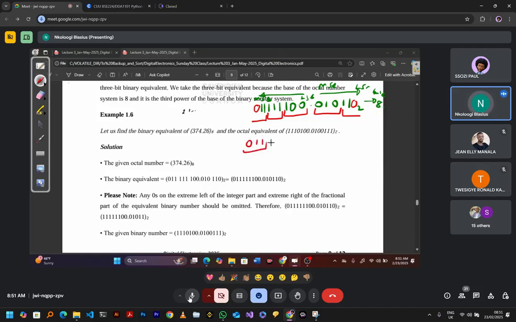This is one group of 3 bits, another group, another group, another group, and then another group here. Okay, so convert now each of these to their respective decimal numbers.